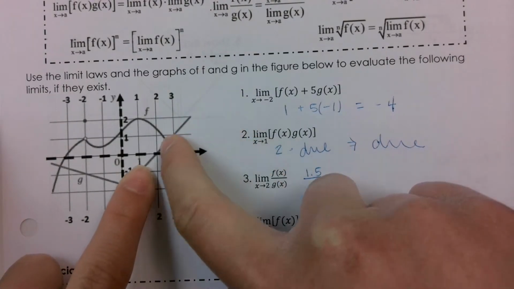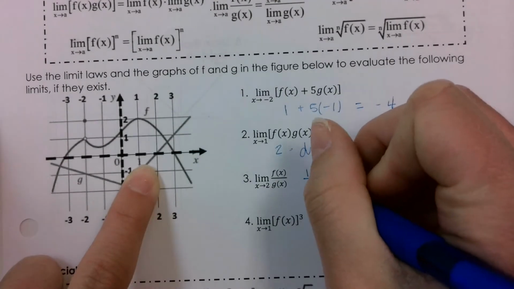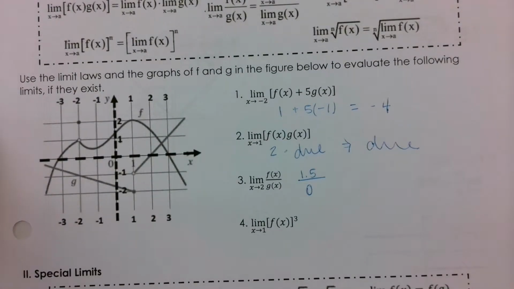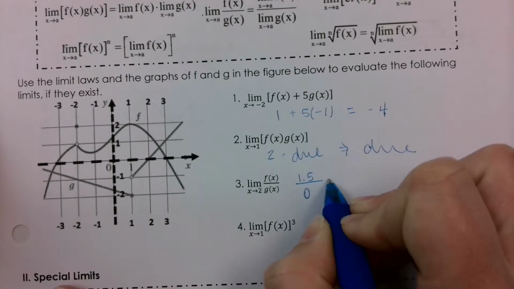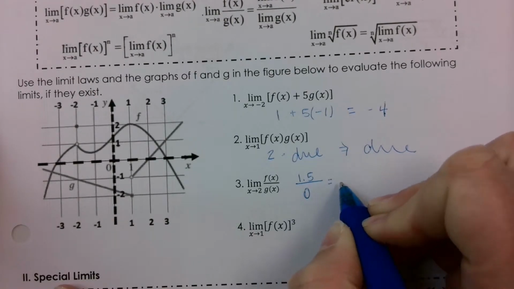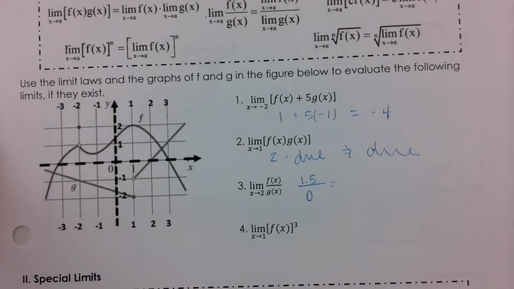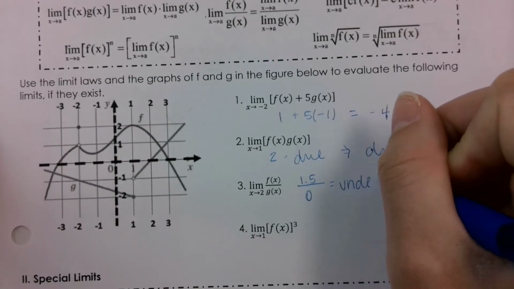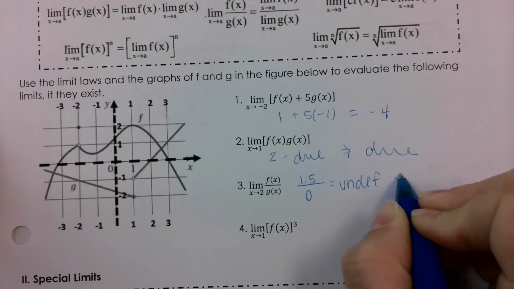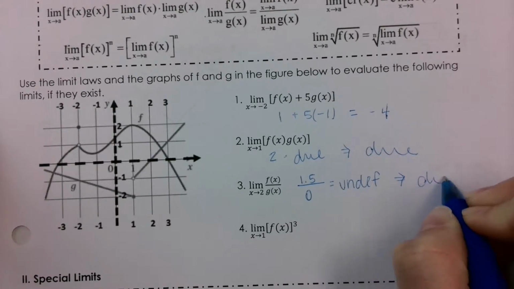What is that? 0. Can you have a 0 in the bottom of a fraction? No, so this whole thing we would say is what? What's it called when you have a 0 in the bottom? Undefined. Which for us is going to be that the limit does not exist.